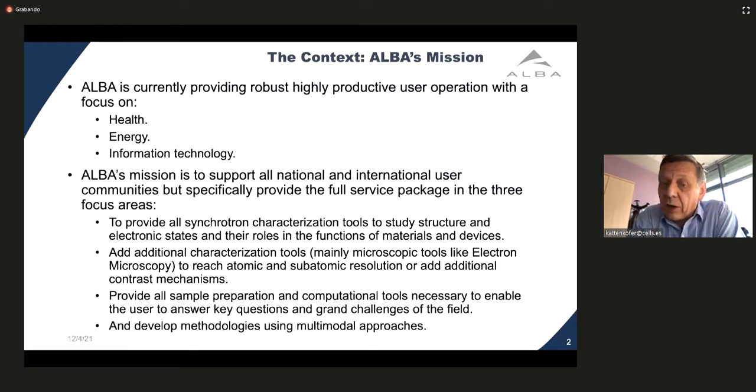And the last thing is that, because of the complexity and because of the microscopy, you have to broaden the view from a single experiment to a multimodal approach. And so we try to get to methodologies which use this multimodal approach.